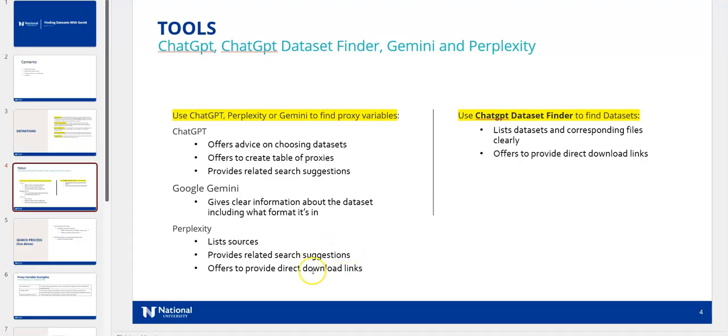It also provides related search suggestions and offers to provide direct download links for the data sets. So they will try to find the data sets as well, but I still do recommend using the ChatGPT Dataset Finder. The Dataset Finder will also list data sets and the corresponding files, and it'll also offer to provide direct download links.